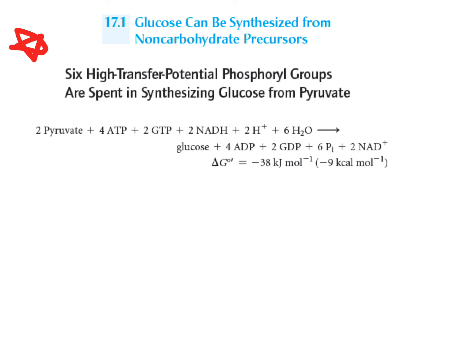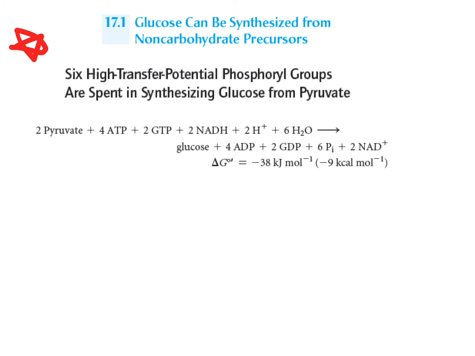This is the overall reaction equation, where 6 high transfer potential phosphoryl groups are spent in synthesizing glucose from pyruvate. The 6 high transfer potential phosphoryl groups are 4 ATP and 2 GTP, and it also needs 2 NADH, meaning 4 electrons.